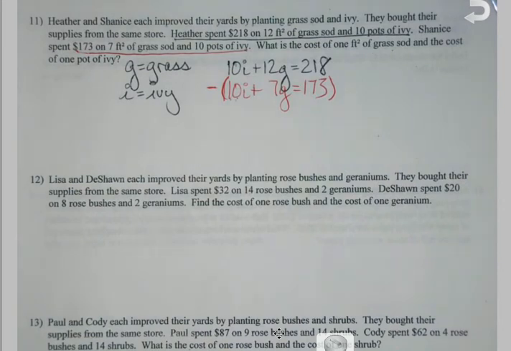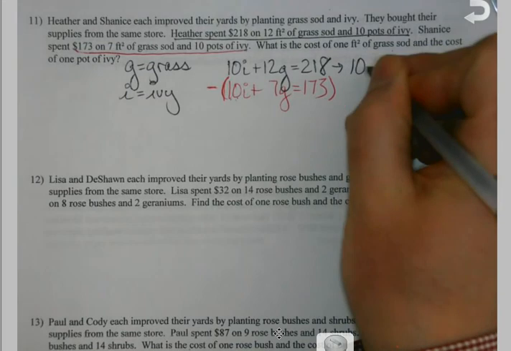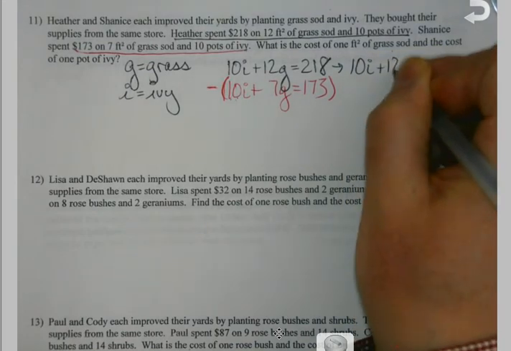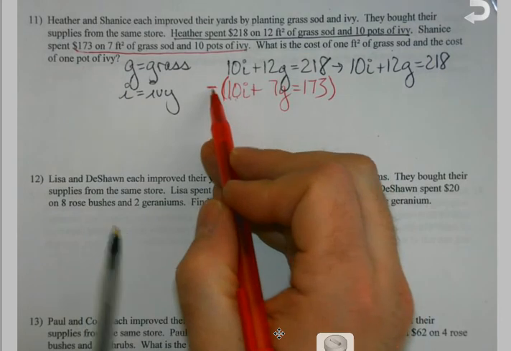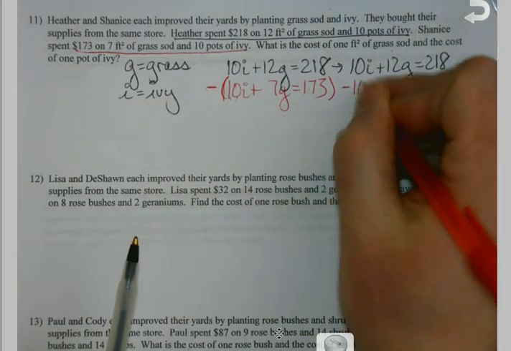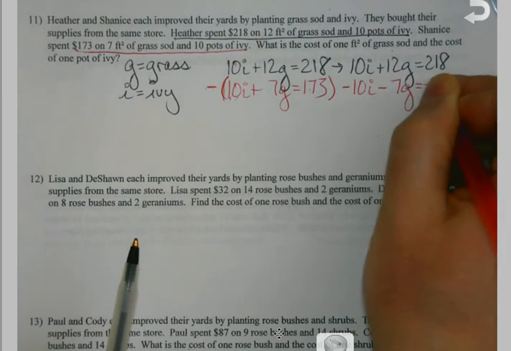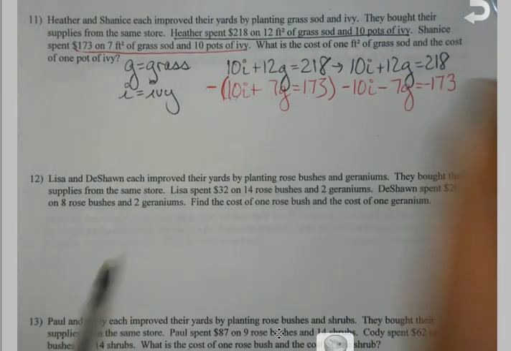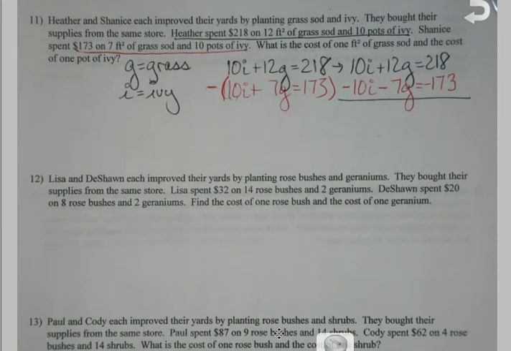So I'm going to distribute a negative through. Or if some of you are comfortable, you could just minus instead. So I'm going to leave the first one alone, but down here, I'm going to distribute that negative all the way through. Because now I have what I want.